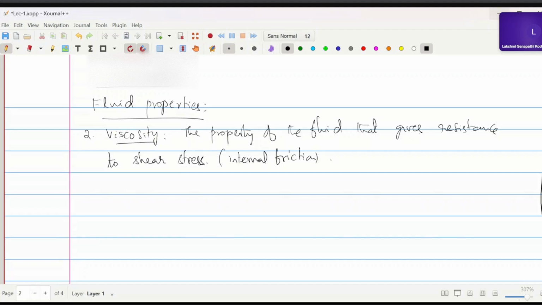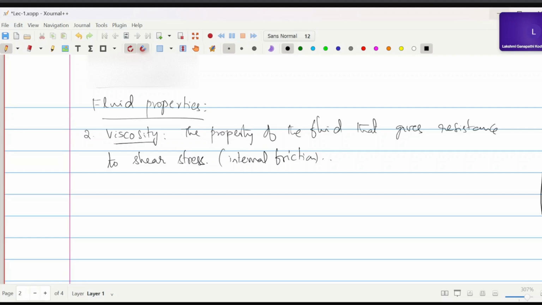This is what we define, isn't it? But this may not be the proper one. Some other textbooks give the correct one, usually for Newtonian fluids. When they define viscosity, they give the definition for Newtonian fluids.